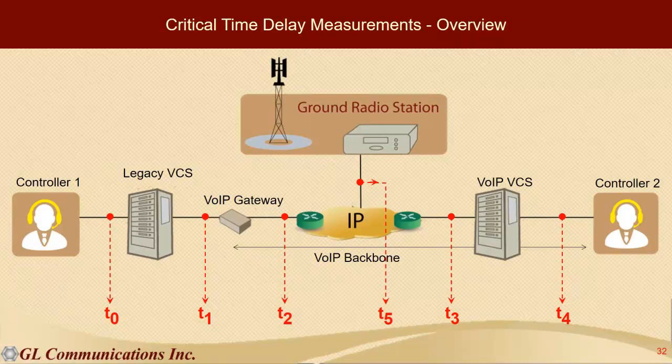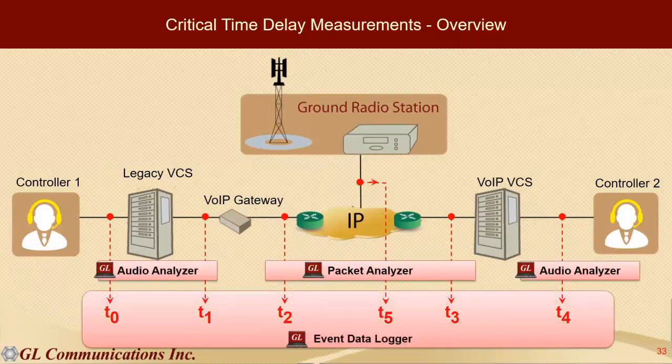So we've got products that can sit at different locations here. We focus mainly around two products. One of them is called the audio analyzer, a product that can interface in the analog world, as you can see. And then we've got another product called a packet analyzer, which is able to monitor in the IP world, the Ethernet world.